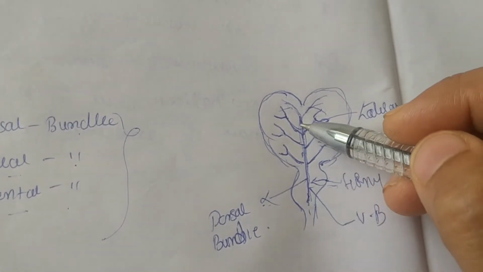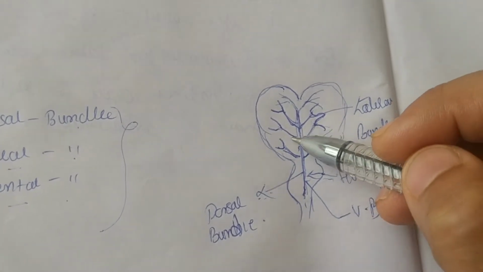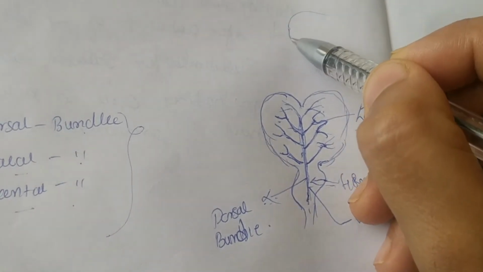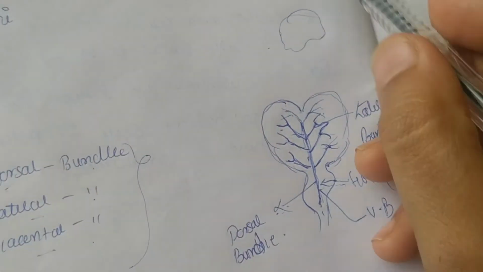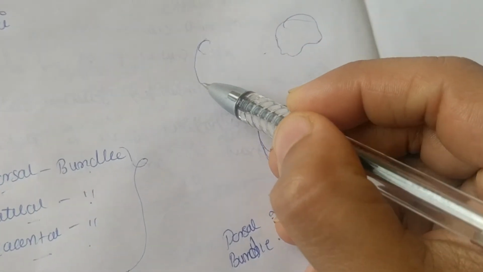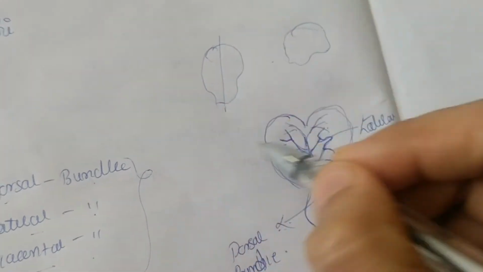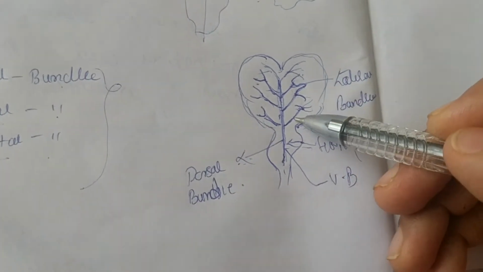First, the midrib called the dorsal bundle divided laterally in order to reach both the parts of the sporocarp. Sporocarp is somewhat like this. We have divided it longitudinally, leading to formation of a structure like this.